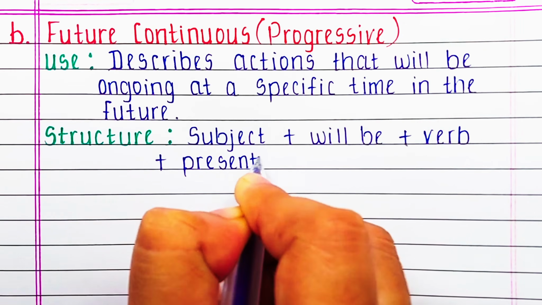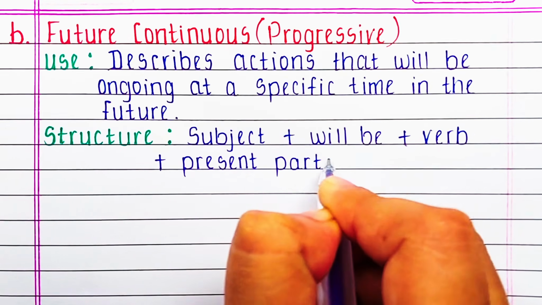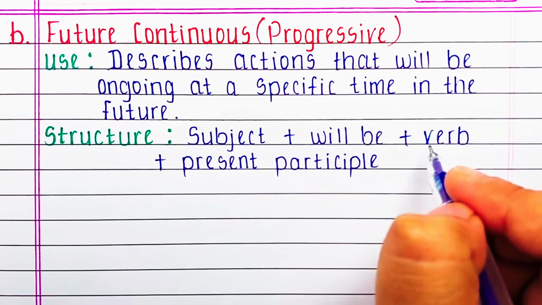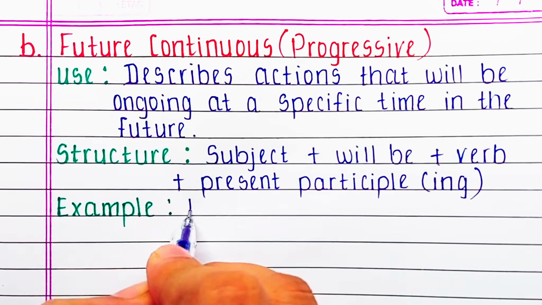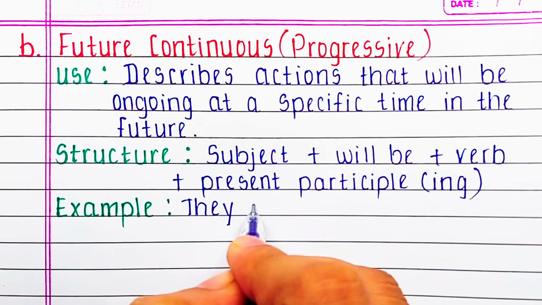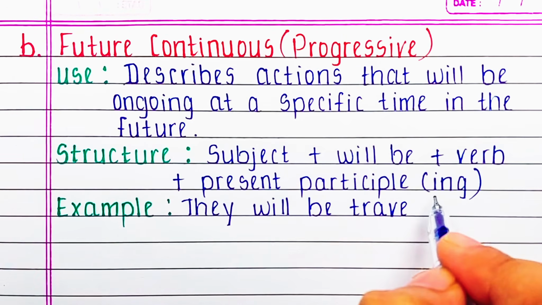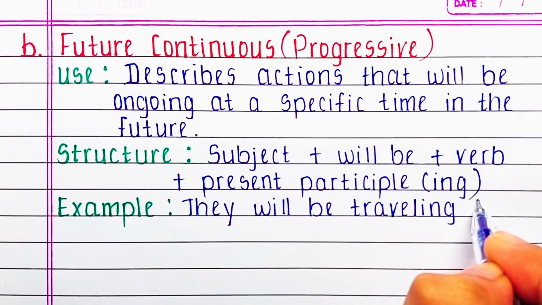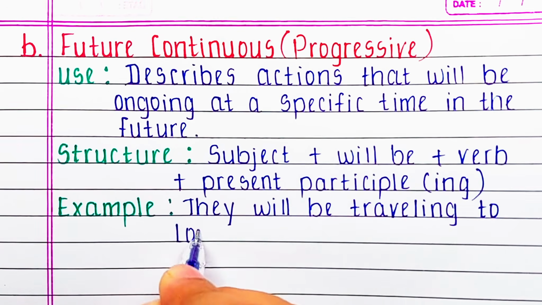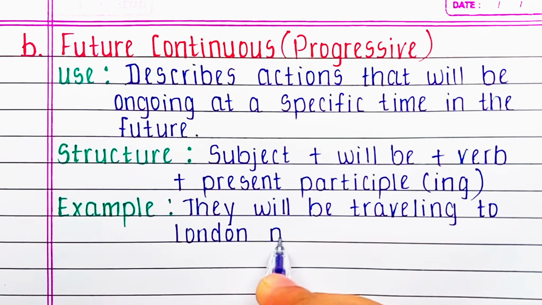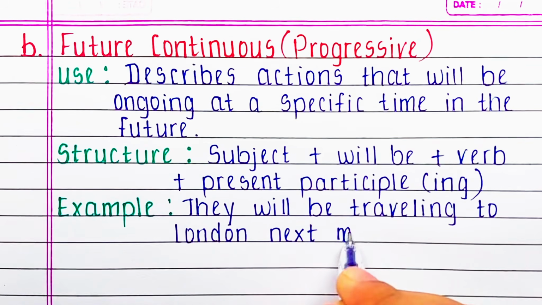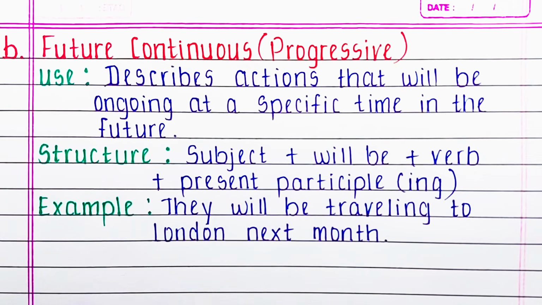Talking about its structure, subject plus will be plus verb in present participle form. For example, they will be traveling to London next month.